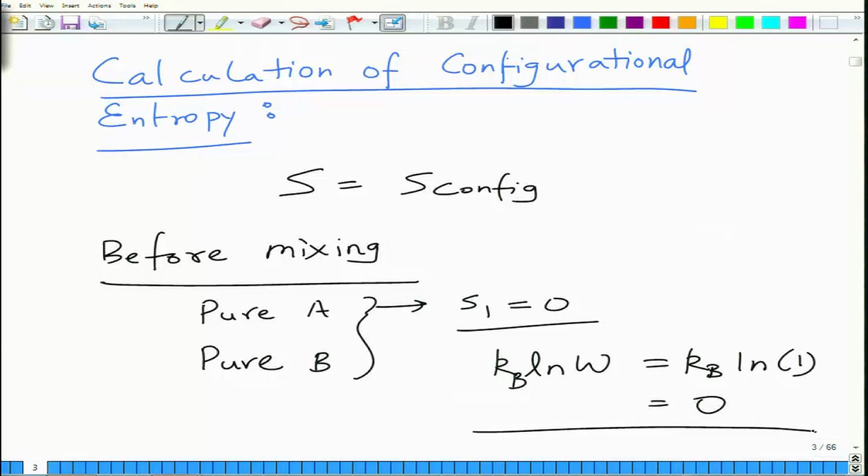So for both these states the entropy was equal to 0. So if you take their weighted sum, that will also be equal to 0. So S1 is equal to 0.